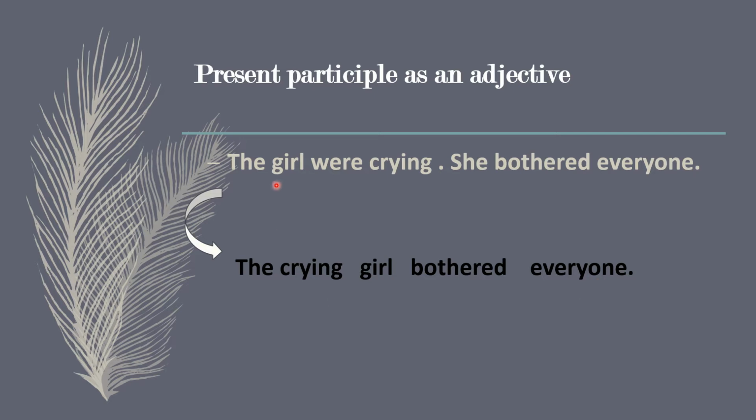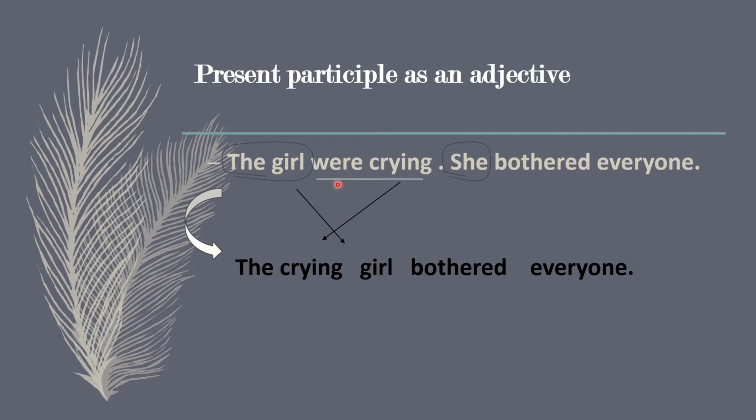Firstly, we have two subjects here, the girl and she. The verb is were crying. Now, when we want to rewrite the sentence, we put crying before the subject girl, so it becomes adjective, the crying girl.